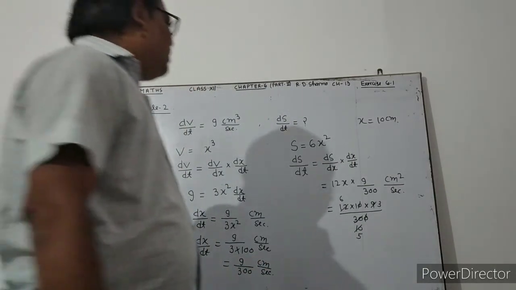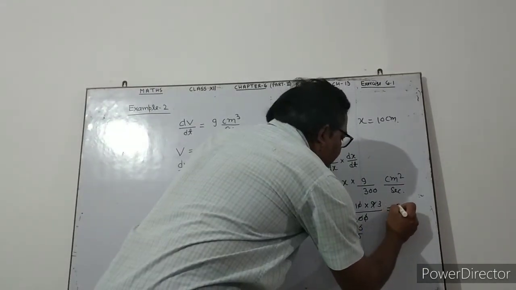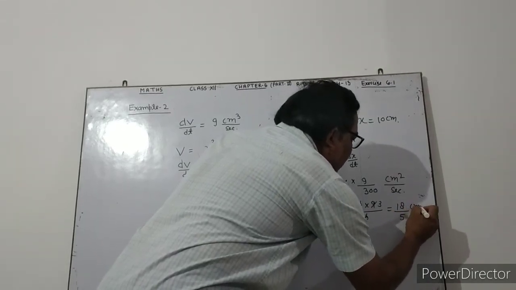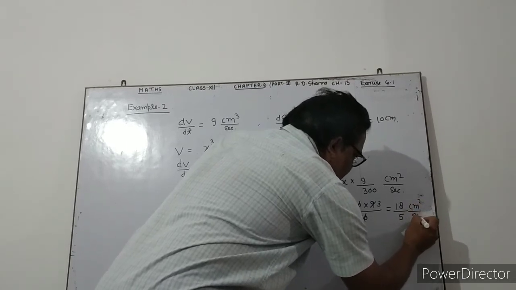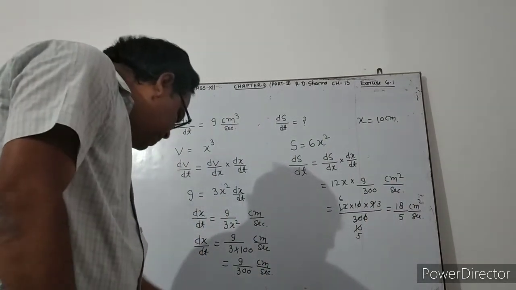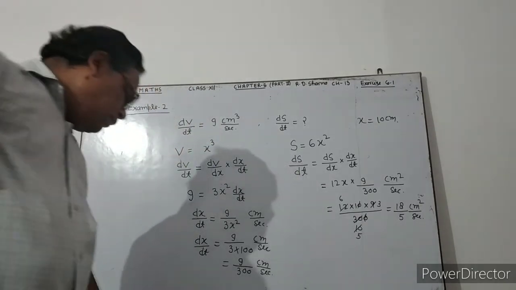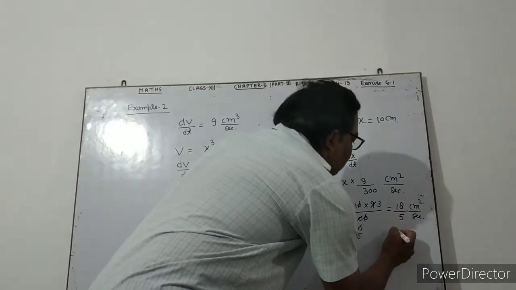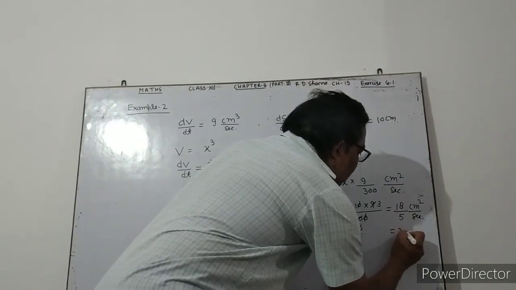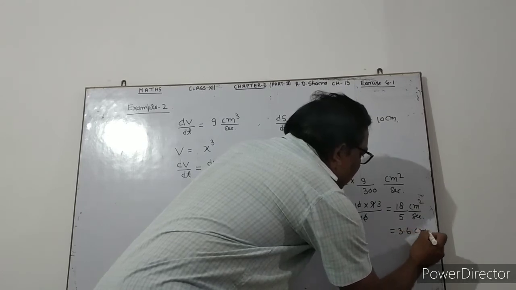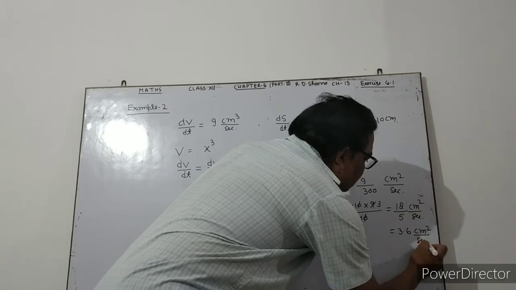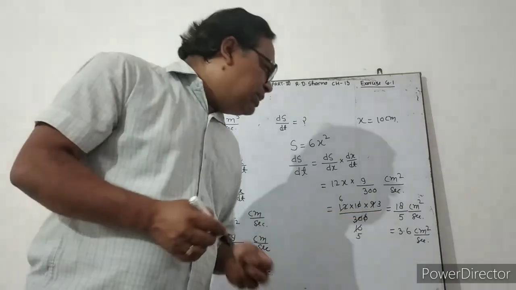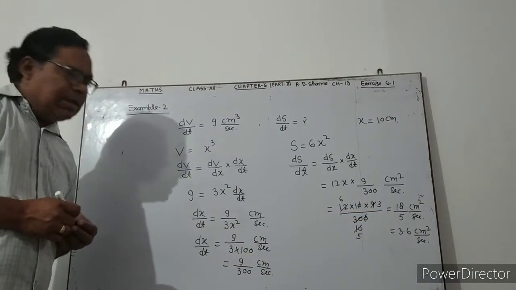Now this is 18 upon 5 centimeter square per second. 18 upon 5 is 3.6 centimeter square per second. Understand? The rate of change in the surface area is 3.6 centimeter square per second.